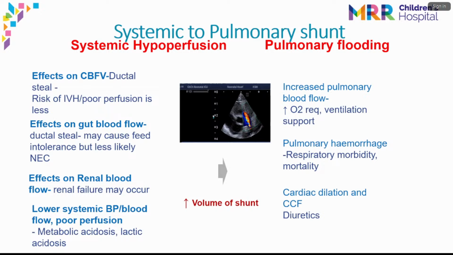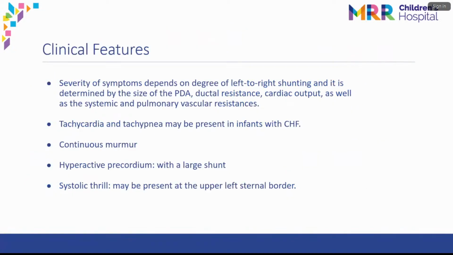Cardiac dilatation and CCF. Clinical features: symptom severity depends on the degree of left to right shunting, determined by the size of the PDA, ductal resistance, cardiac output, as well as systemic and pulmonary vascular resistance.